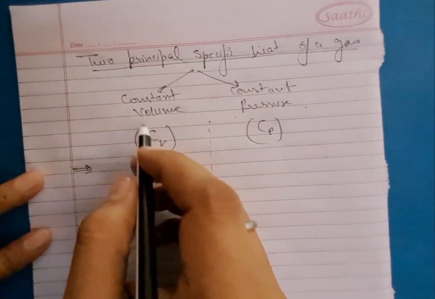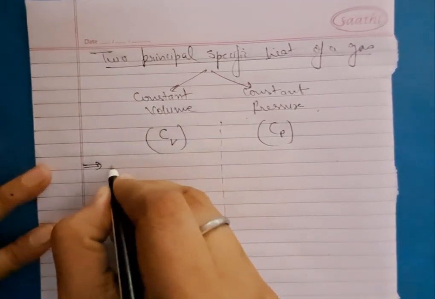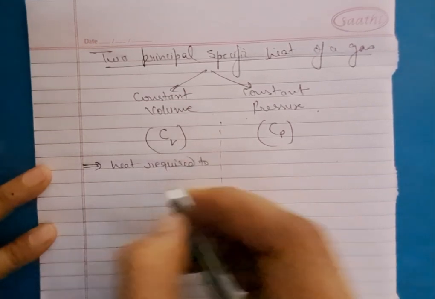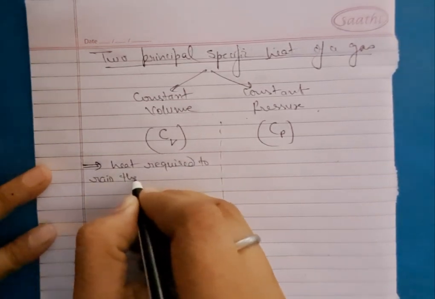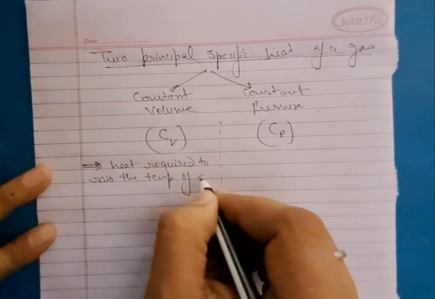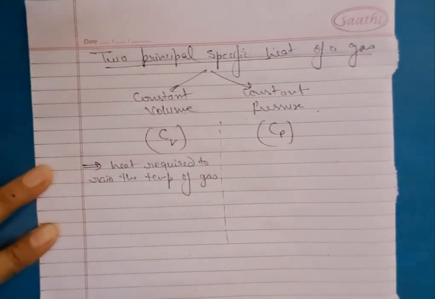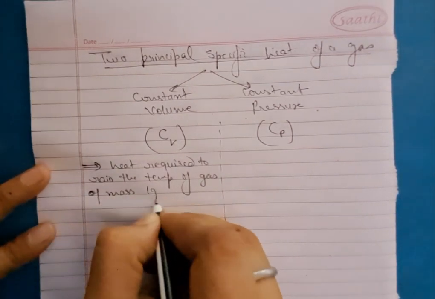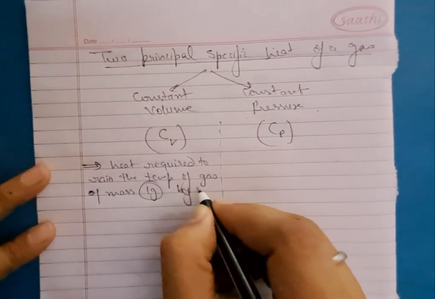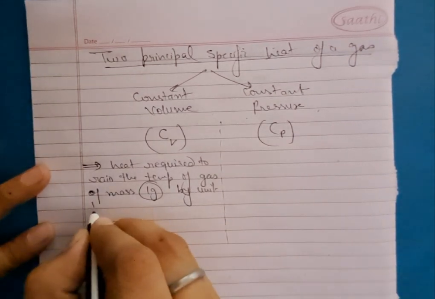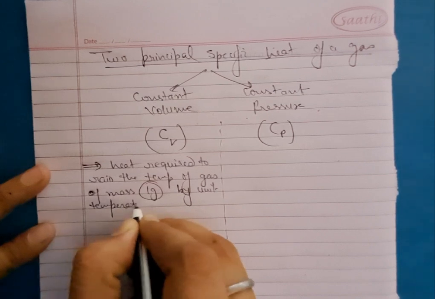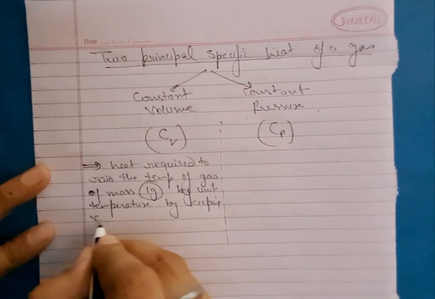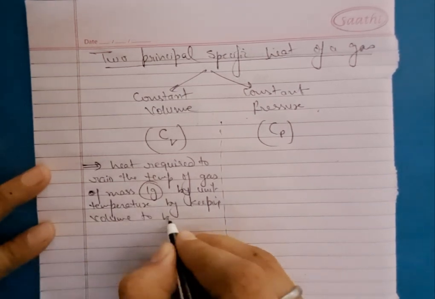Since constant volume is considered, it means the heat required to raise the temperature of gas of mass 1 gram by unit temperature by keeping volume constant.